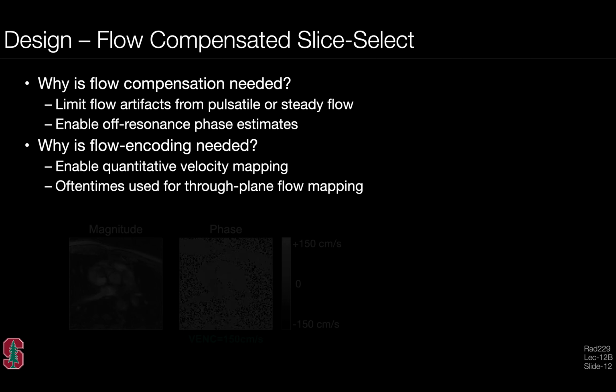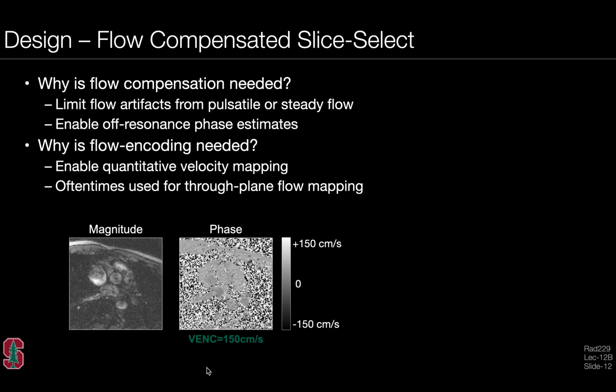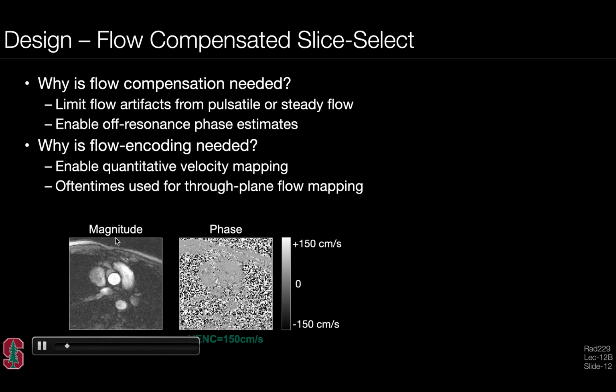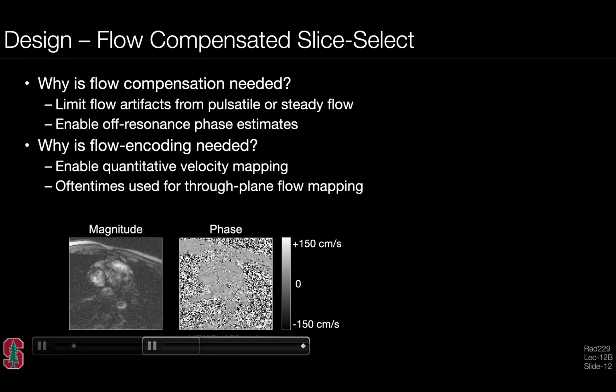And in fact, this is oftentimes used specifically for through-plane flow mapping. That is, we want to estimate velocity as they move through the slice, perhaps thinking that is the Z direction or through-slice direction. We saw these examples earlier in the motion encoding series of lectures where magnetic resonance imaging, of course, can acquire nice magnitude images, but there's important information that's stored in the phase.